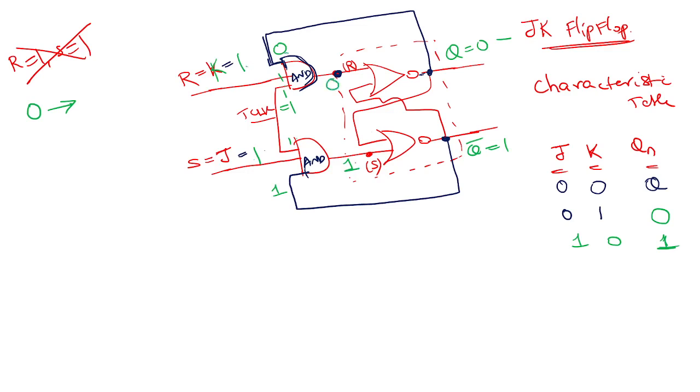It is obviously 0. One of the inputs is 1. Correct? Obviously, output will be 0. That 0 will be applied here. 0 plus 0 whole complement is 1. Means I assume 0, I got 1. Means this is the present output, this is the next output, I mean, the expected output.